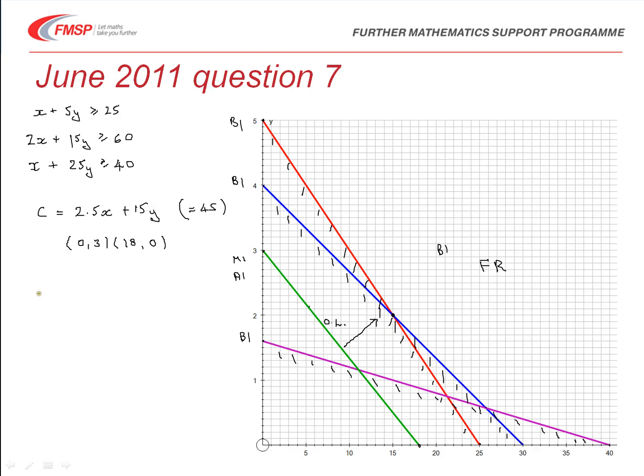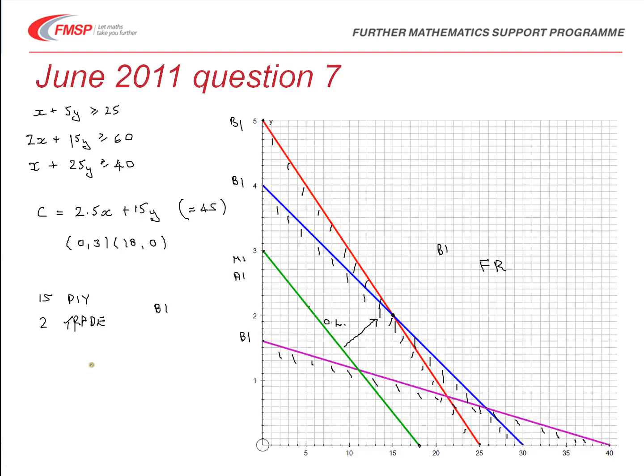So the solution that we're interested in is 15 DIY and 2 trade packs. Making that statement will give you 1 mark.